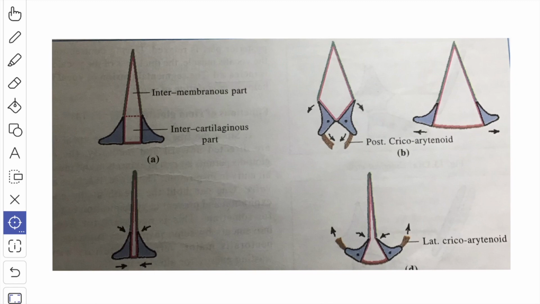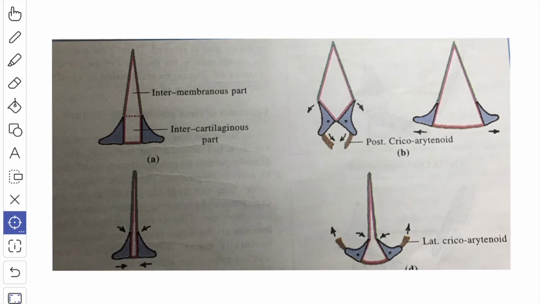The intermembranous part is adducted by the contraction of the lateral cricoarytenoid muscle, which rotates the vocal process medially. So this is the vocal process which rotates medially around the longitudinal axis of the cricoarytenoid joint. This movement takes place in whispering voice, where the shape of the glottis is an inverted funnel shape.